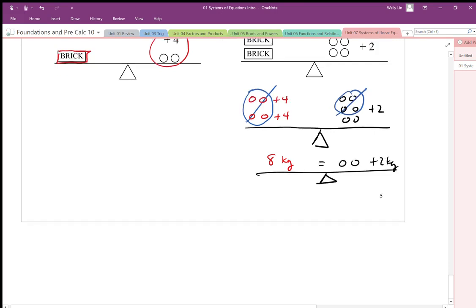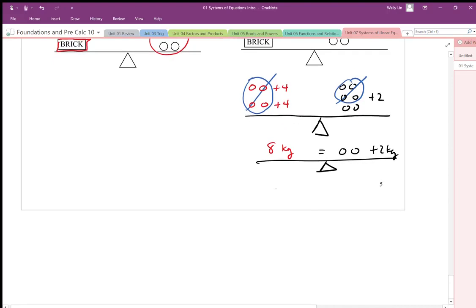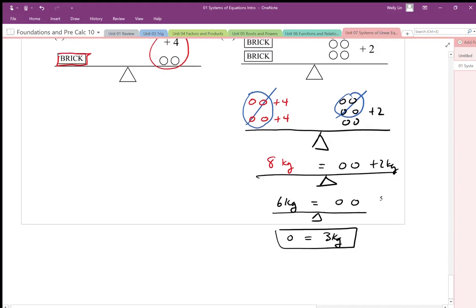In fact, I could rewrite this balance. I can just get rid of the 2 kilograms on both sides, and I can say that 2 circles is balancing 6 kilograms. Well, that means that 1 circle must balance 3 kilograms. So I figured out how much each circle weighs.